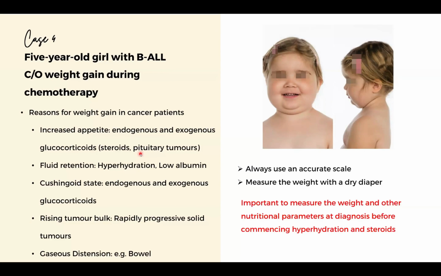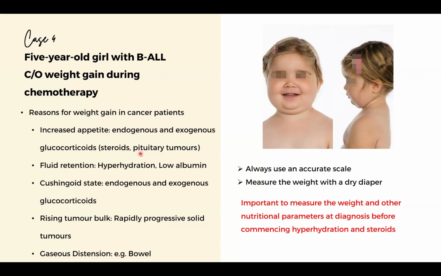It's important to measure the weight and the other nutritional parameters at diagnosis, before commencing hyperhydration and steroids. For instance, a patient comes throughout the day, even at 12 midnight, and so there's a weight. Usually in the ward, we just measure the weight and the height. But from the next day onwards, soon after, we start hyperhydration for suspected leukemia patients in order to prevent hemolysis.